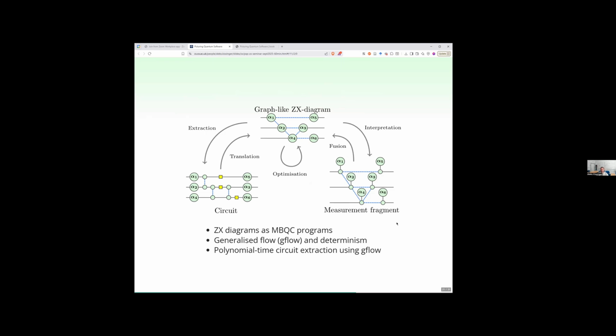And it turns out that this criterion, which is called generalized flow, which says I have an efficient routine for finding these corrections, is also a useful, sufficient condition for being able to extract circuits. Okay, so in this MBQC chapter, we explain all of these things, from the point of view of measurement-based quantum computing, as it relates to ZX, and also how this gives us polynomial time circuit extraction.